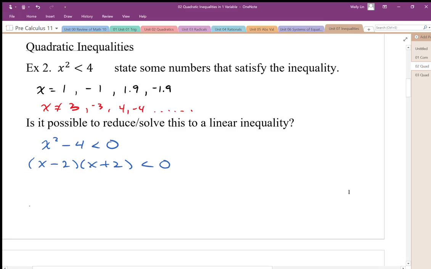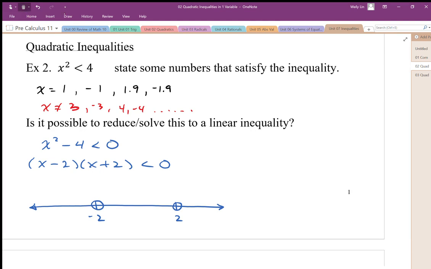So my solution, since it's a one variable inequality, my solution is going to be on a line. I know my boundaries are going to be at 2 and -2. And really, I just need to know which side of the boundaries are going to be part of my solution. And if I just test this, I can just test, well, yeah, I tested up here.